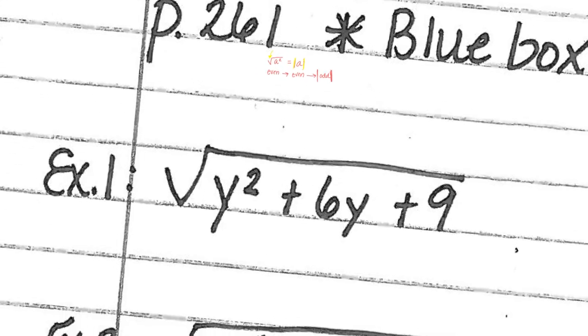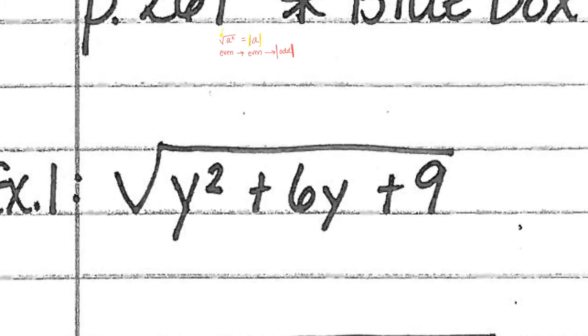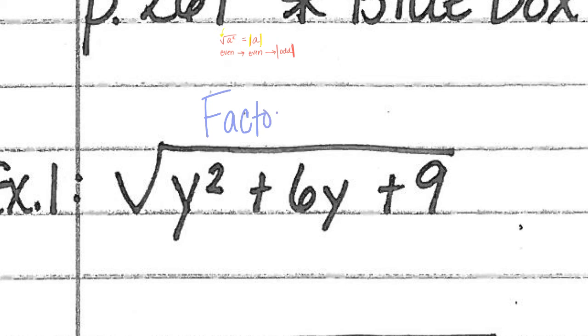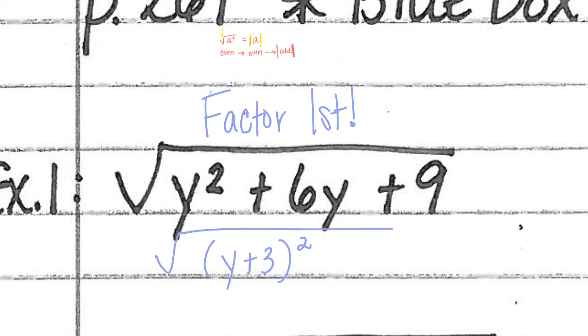Now, these get a little trickier because we need to know how to factor. So once again, we're going to say those rules. Factor first, factor first, factor first. If I am to factor y squared plus 6y plus 9, that is y plus 3 quantity squared. Notice I have an invisible 2.